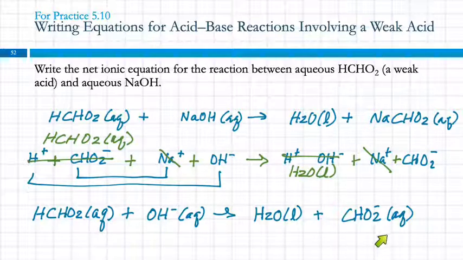Does that mean that this is all that's present in that beaker? Does this mean that the sodium ions disappeared? No, the sodium ions are there. I cannot have hydroxide ions, these are negative, without some positive ion. You can't have a beaker of just cations. It doesn't work that way.